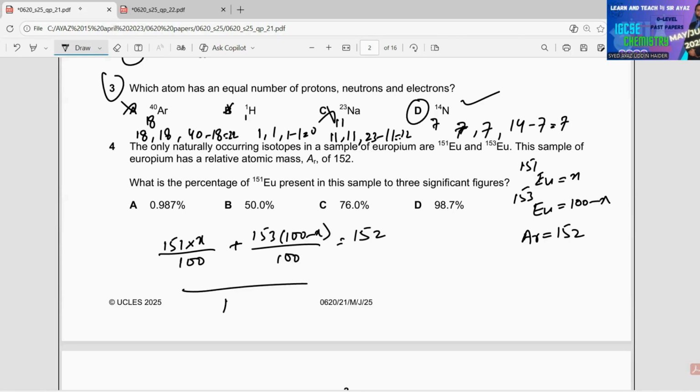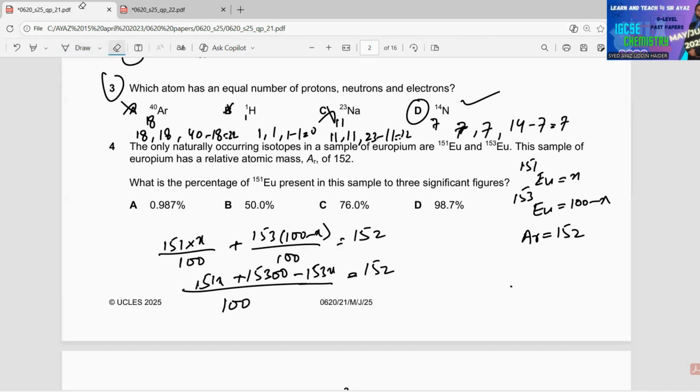Solving this, what you will get is 151X plus 153 multiplied by 100, 15,300, minus 153X, is equal to 152. So you multiply 152 by 100, and you will get 15,200.